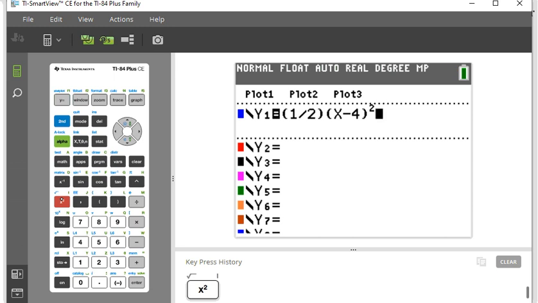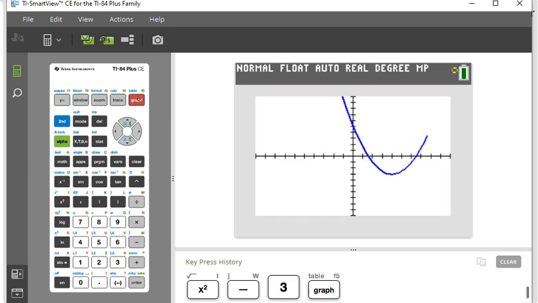So we have the 1/2 in brackets, and that 1/2 would multiply by this x minus 4. So that's why we have then x minus 4 in brackets as well. Use your brackets around your fractions. And then we finished with subtract 3. We should be able to graph that.